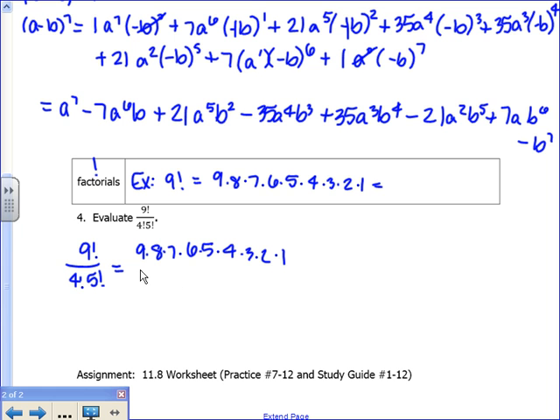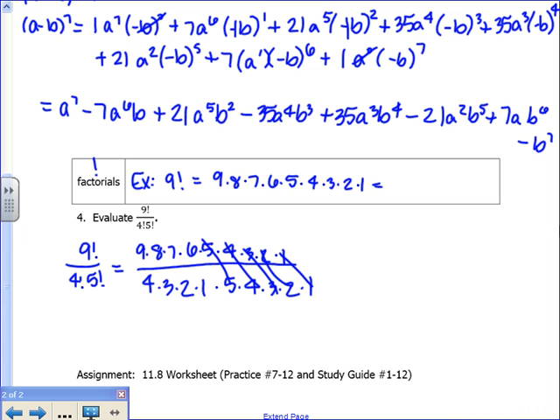Using the definition of factorial, let's expand each of these numbers out. On the bottom I have 4 factorial, which is 4, 3, 2, 1, and 5 factorial, which is 5, 4, 3, 2, 1. Now, remember, if anything's on top and the exact same thing's on the bottom, you can cancel things out. So 1 cancels with 1, 2 and 2, 3 and 3, 4 and 4, 5 and 5.